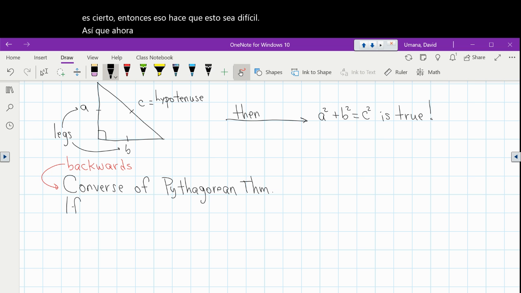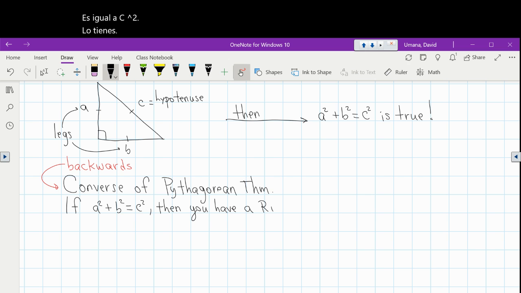If a squared plus b squared equals c squared, then you have a right triangle. And that's all it's saying.